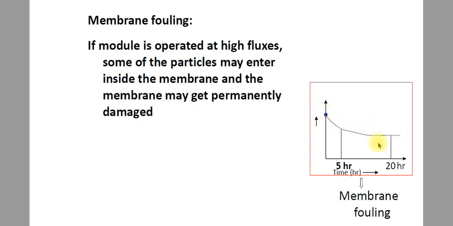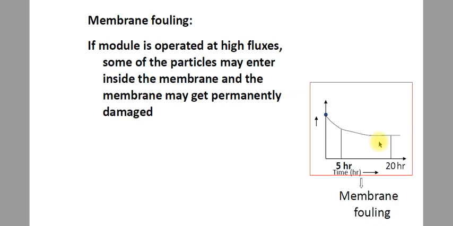This reduction of flux with time is called membrane fouling. It occurs because the pores of the membrane start to block due to the presence of microorganisms. Generally after some time you need cleaning, but that cleaning also cannot regenerate the membrane permanently. It may regenerate the membrane up to some percentage, but not permanently.